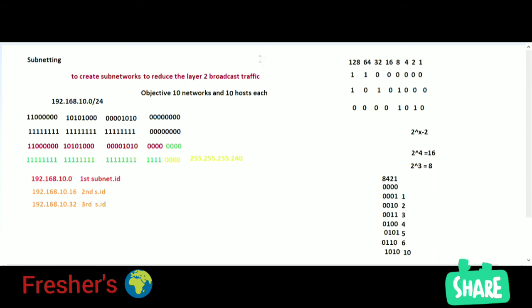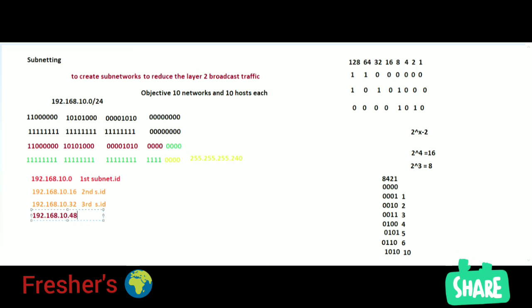Now the fourth subnet ID. The fourth combination is 0011. So 192.168.10 dot, and the third and fourth bits have values 32 and 16. 32 plus 16 is 48.